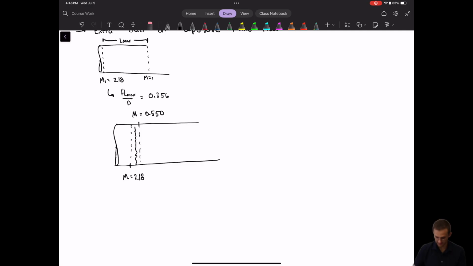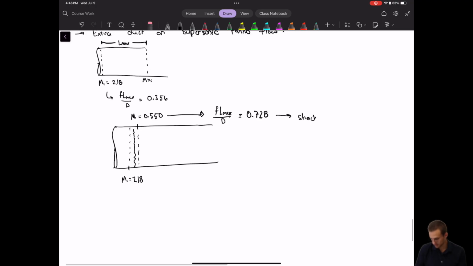If we look that up in the Fanno tables, that gives us fLmax over D of 0.728. Okay, so what that tells us is that if a shock occurs, it allows for over twice the duct length, without having to decrease your G, or your flow velocity, right?